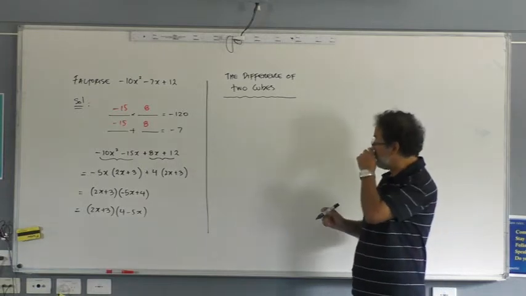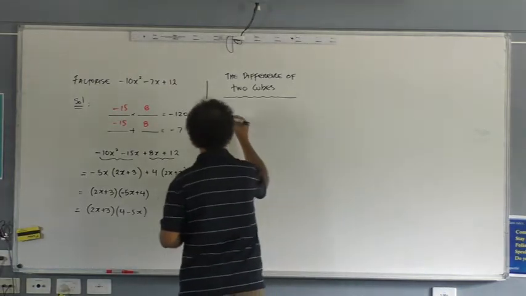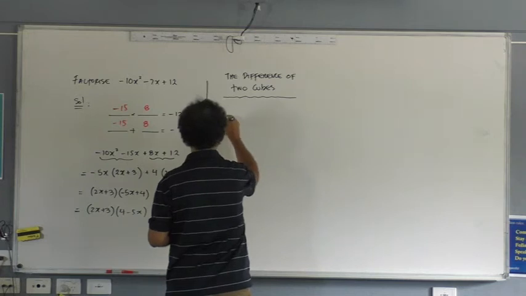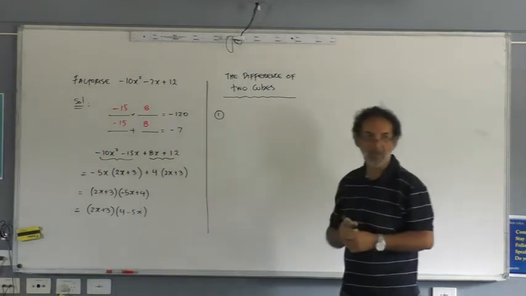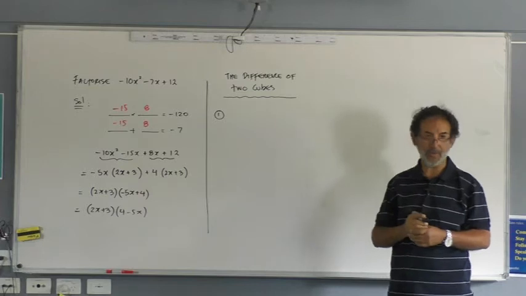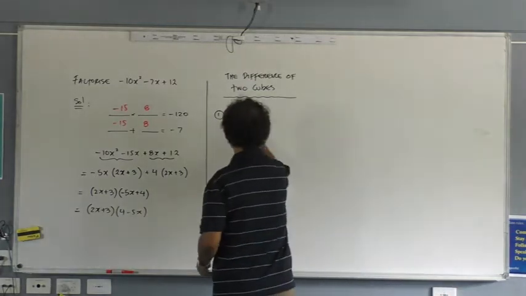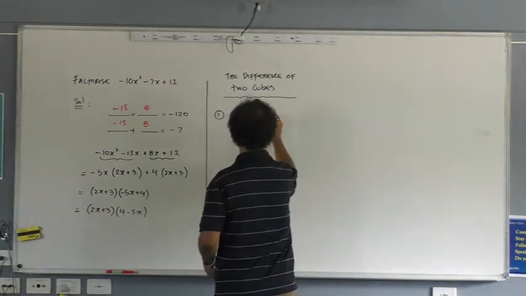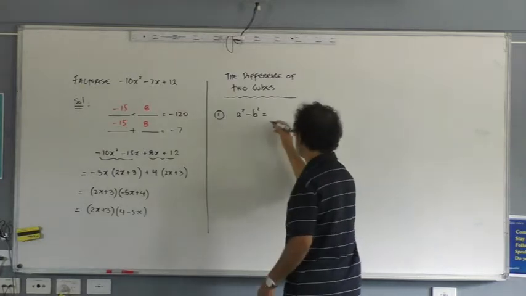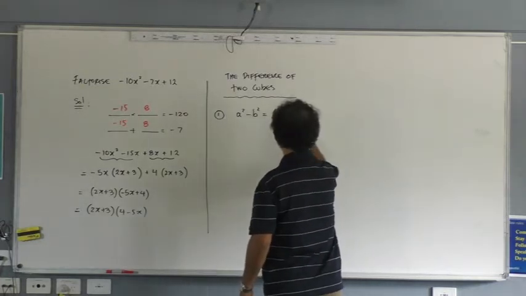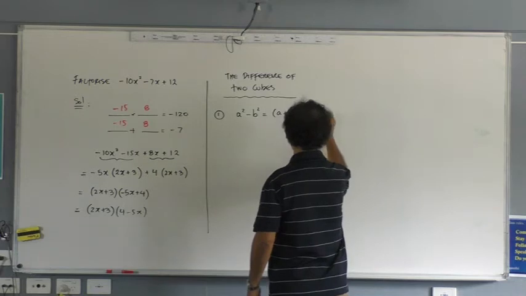Okay, have a look. We already know that when you have a squared minus b squared, then the factorization of this is equal to a plus b, and then a minus b. All right, so we already know that.